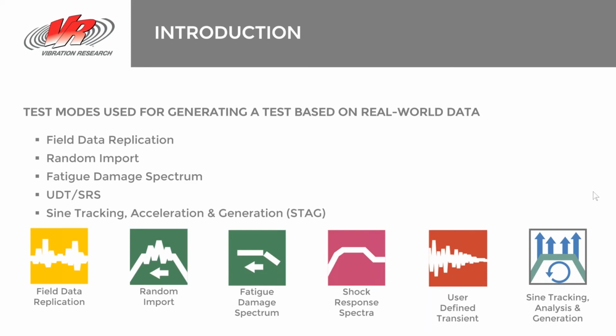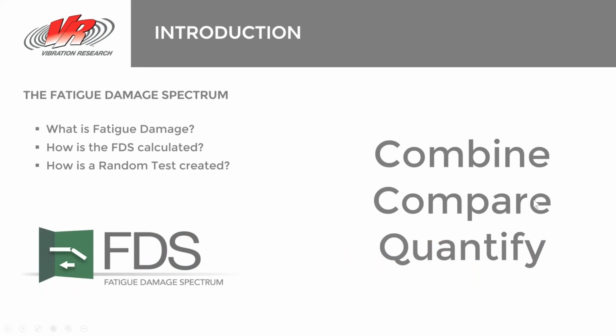And again, that webinar is going to be next week, Thursday. Those are the tool sets that we are going to be using through this series of webinars. And I want to get started with fatigue damage spectrum. So I have a few slides here that talk about what fatigue damage is, how it is calculated, and how in the end we end up generating a random test.